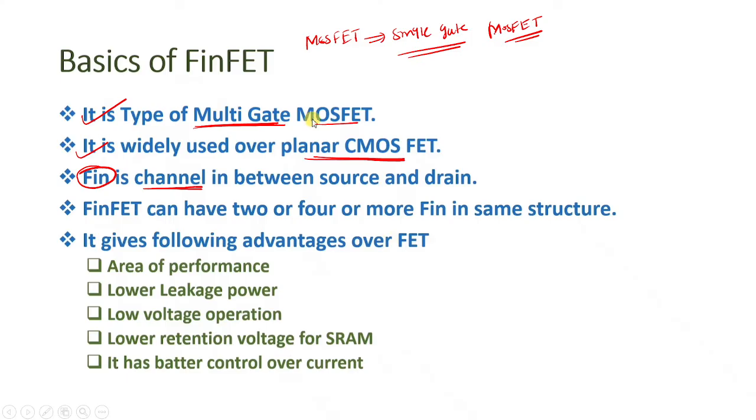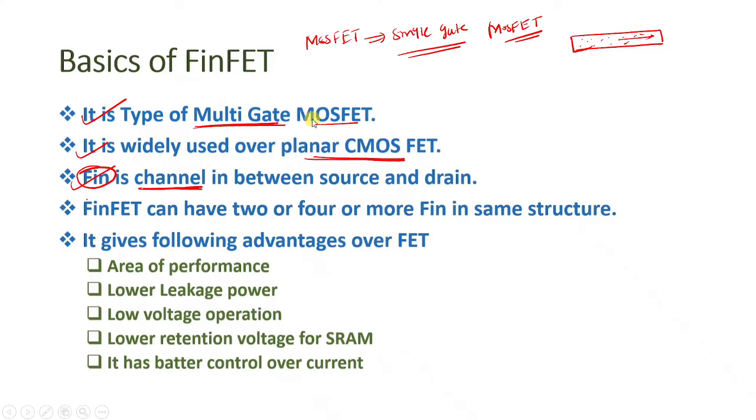In the depletion MOSFET, the channel is there, and we can operate in both enhancement as well as depletion mode. So fin is nothing but the channel. The channel is the thin layer in which the charge carriers will flow.